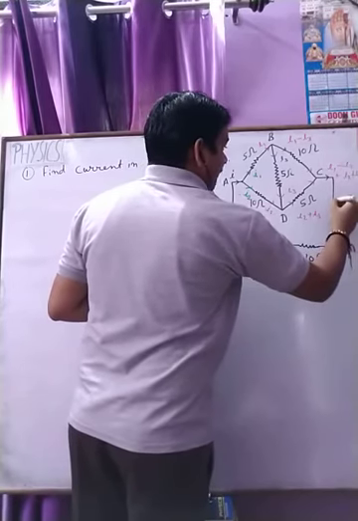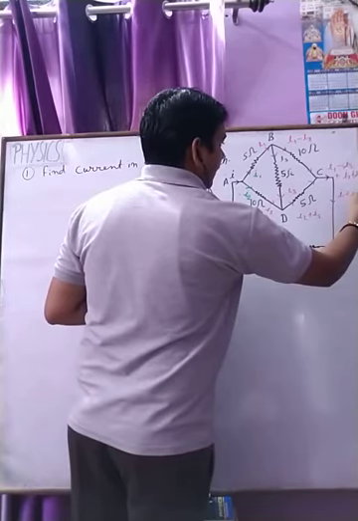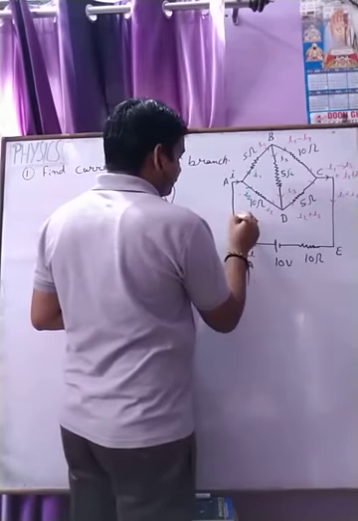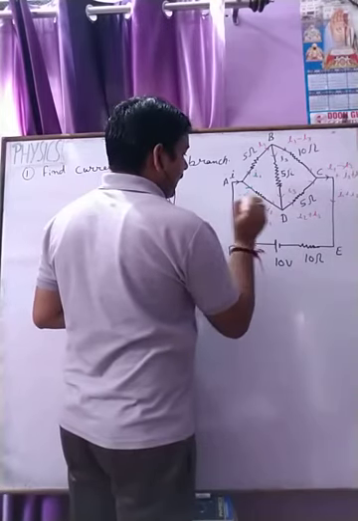So I3 cancels, student, and it will be I1 plus I2. Initially current I is distributed as I1 plus I2.